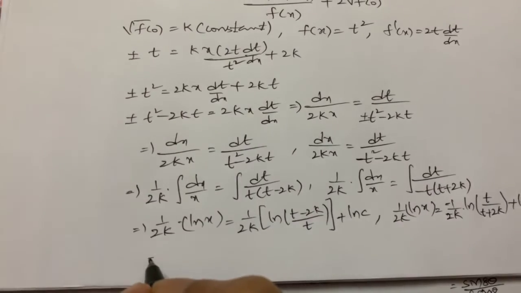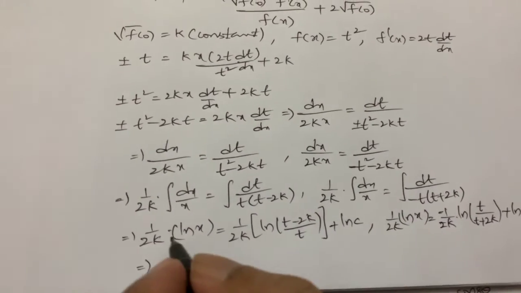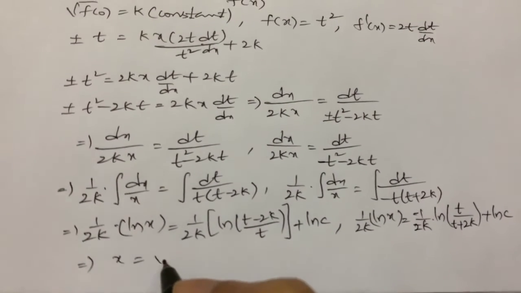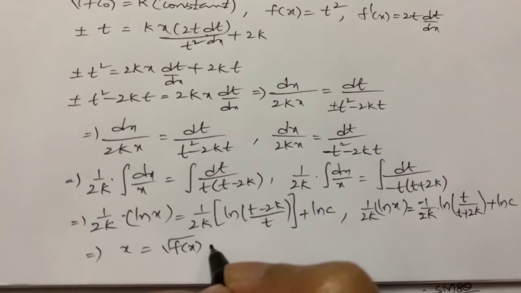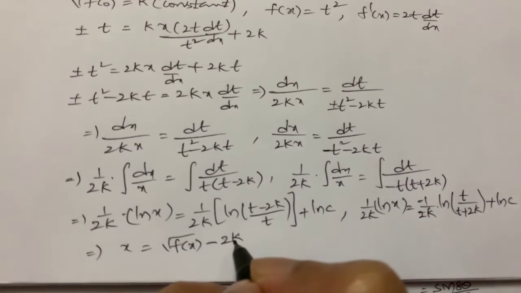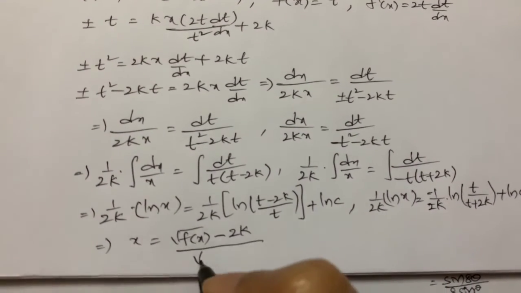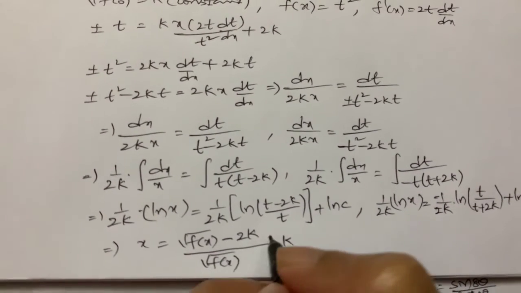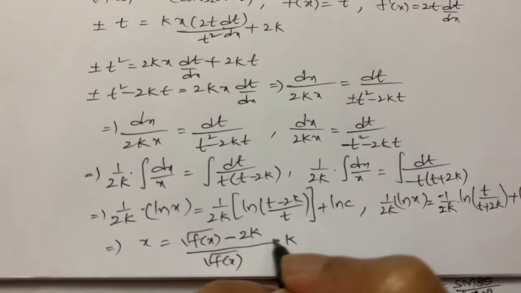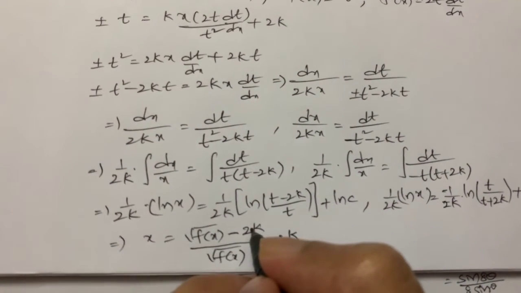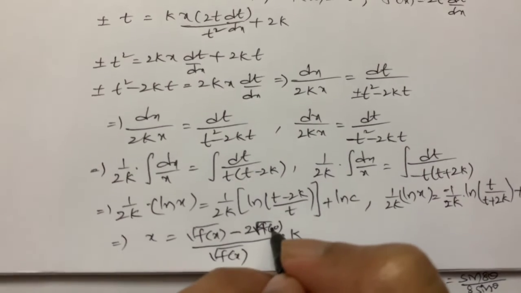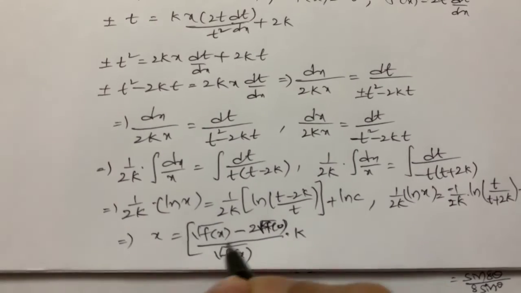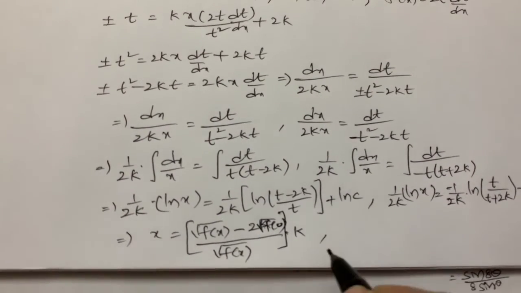So what we have here is x = c(t − 2k)/t, with t = √f(x), so x = c(√f(x) − 2√f(0))/√f(x). Don't write k for the constant; we write this with √f(0). So there is one answer.